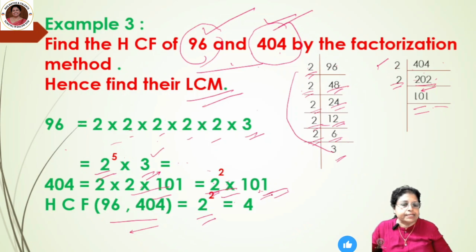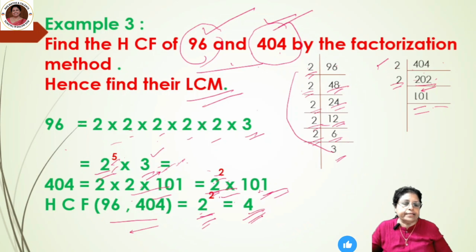And 101 is a factor here, but 101 is not a factor here. So you can see 2 is the only common factor, so we list this 2 here. The next thing, you have to take the least power. Here the power is 5, here the power is 2, so you take the least power. So 2 squared, 4, is the common factor, the highest common factor.